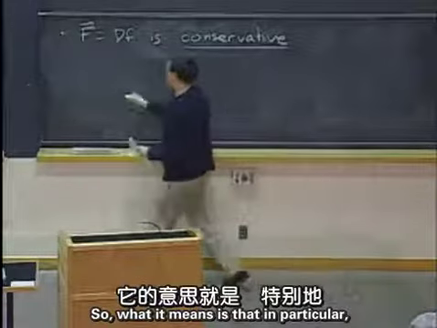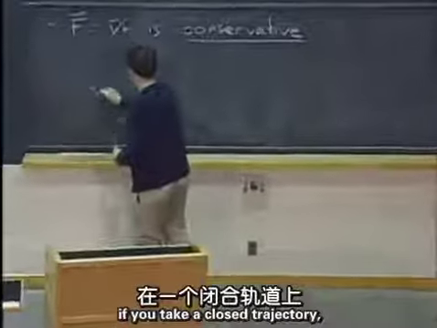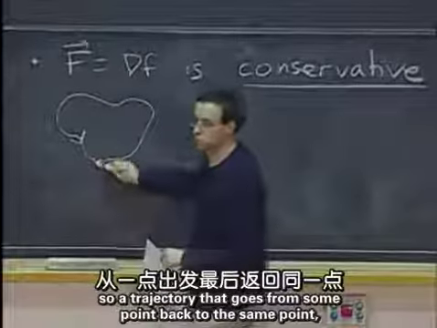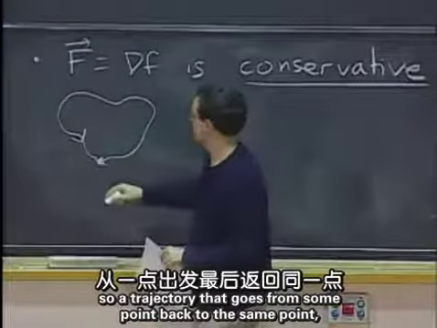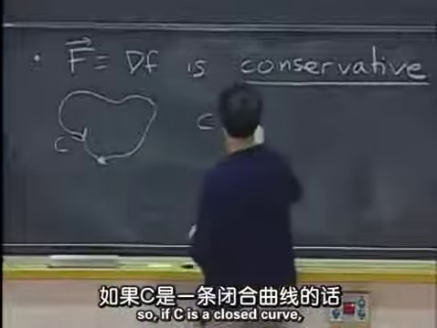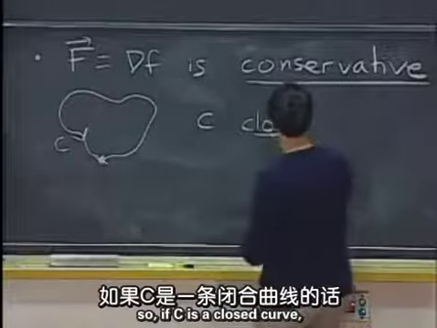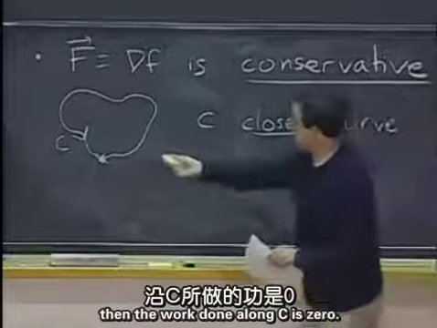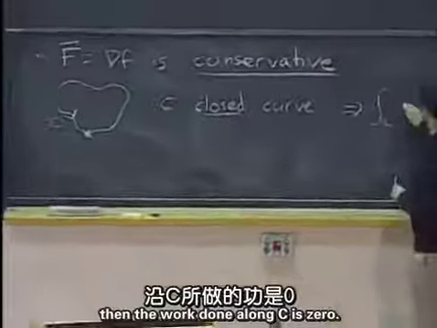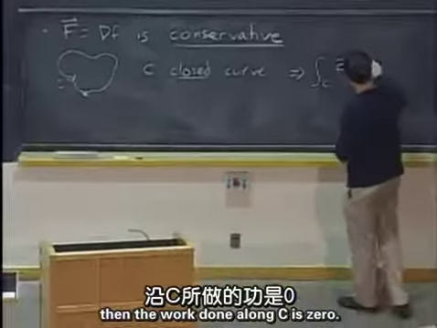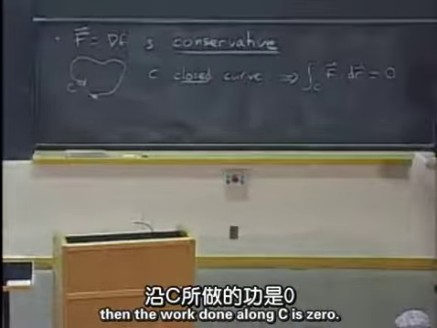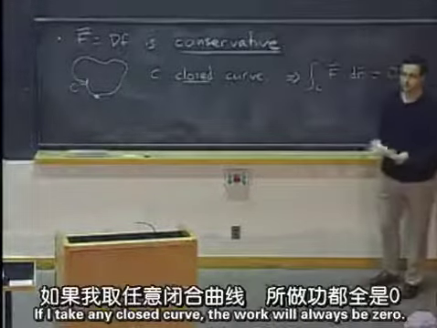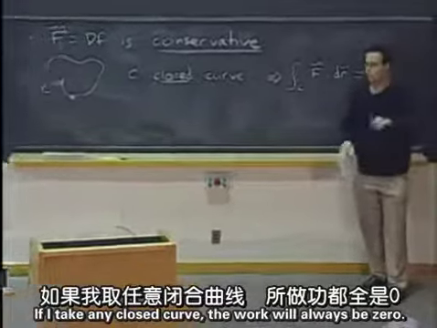So what it means is, in particular, if you take a closed trajectory, so a trajectory that goes from some point back to the same point, so if C is a closed curve, then the work done along C is 0. Okay, that's the definition of what it means to be conservative. If I take any closed curve, the work will always be 0.